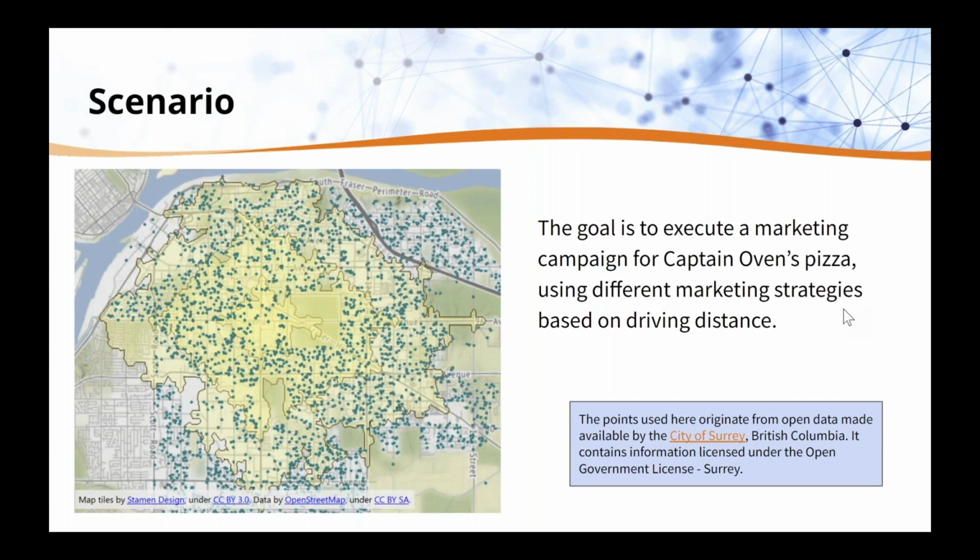The middle one is all the addresses that are within a 6-minute drive of Captain's Pizza, and the largest one are all the addresses within a 9-minute drive. So what we've decided to do is that for everyone within a 9-minute drive, we're going to send them a promotional email. Everyone that's also within a 6-minute drive is also going to get a mailed flyer, and everyone within a 3-minute drive is also going to get a mailed coupon along with their mailed flyer and promotional email.